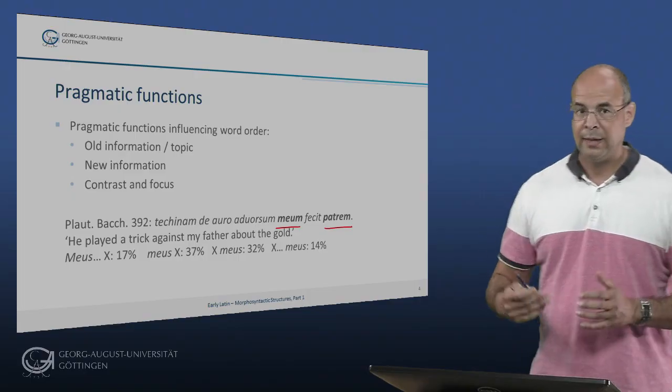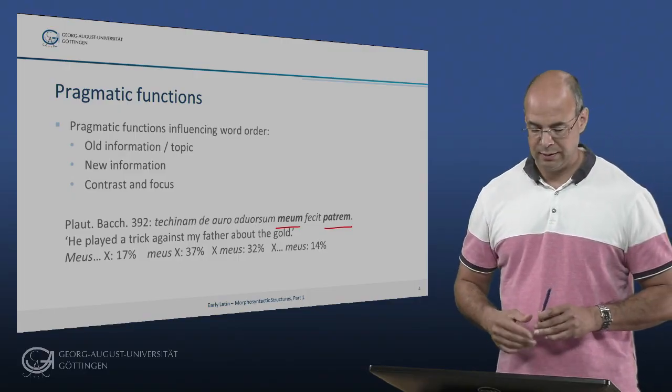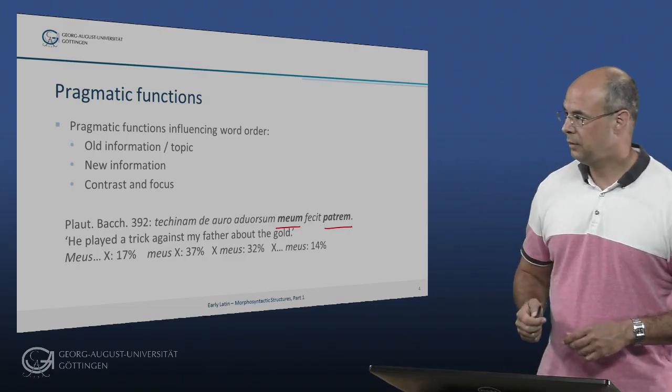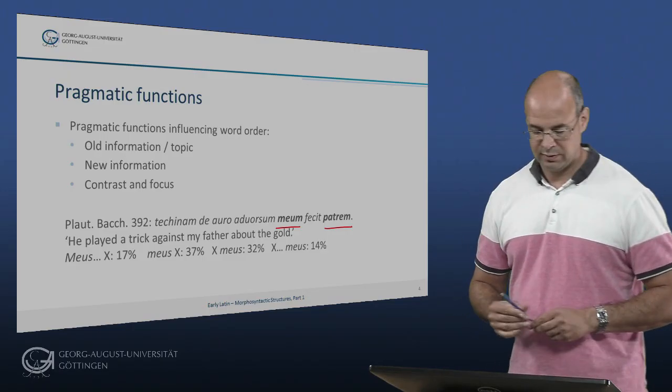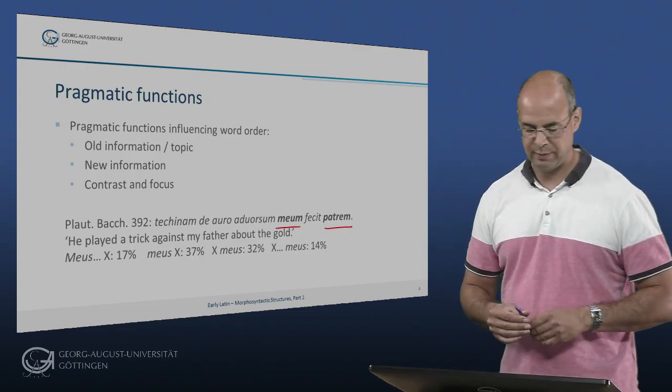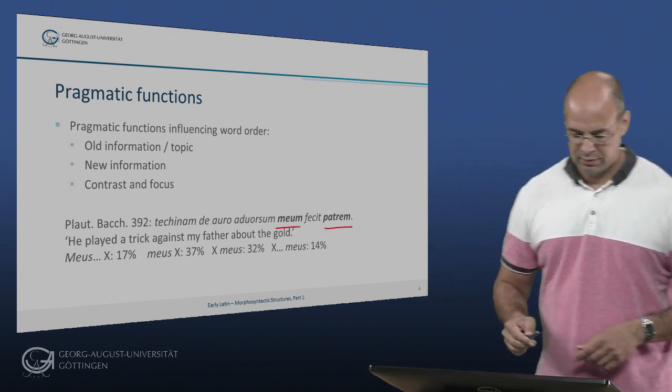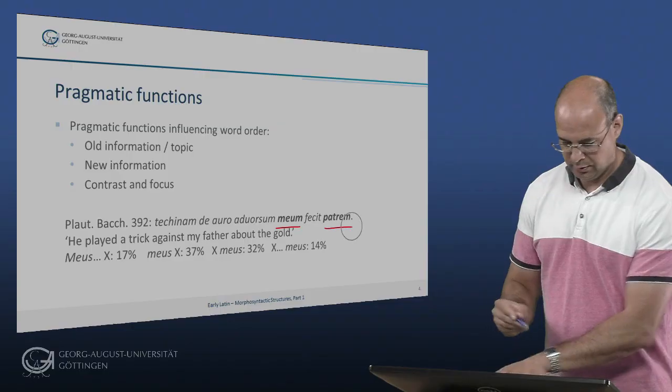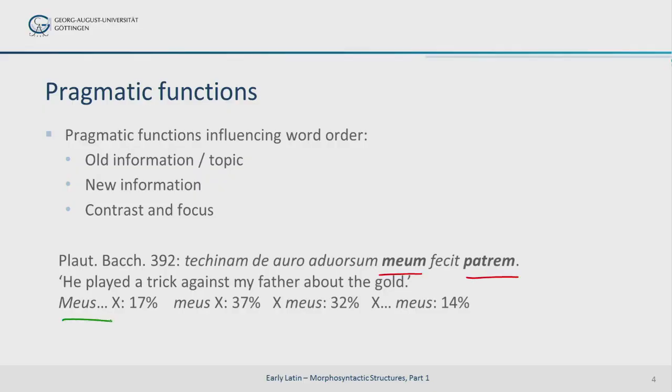Now these word order patterns in early Latin are not random at all. In fact, you can follow clear statistical patterns and they tie in quite nicely with pragmatic functions. So the pattern whereby the possessive pronoun precedes its head noun and stands in hyperbaton occurs in 17% of all cases.